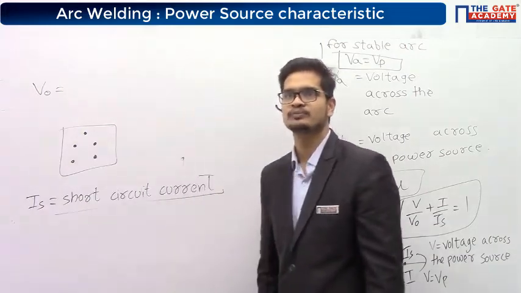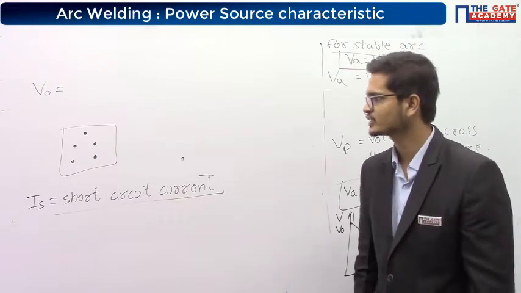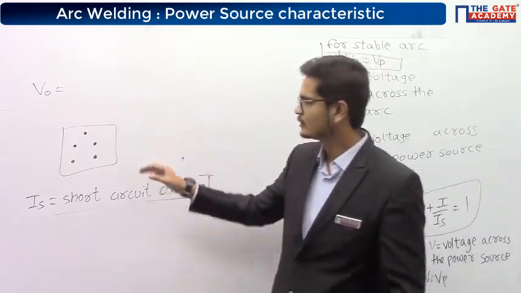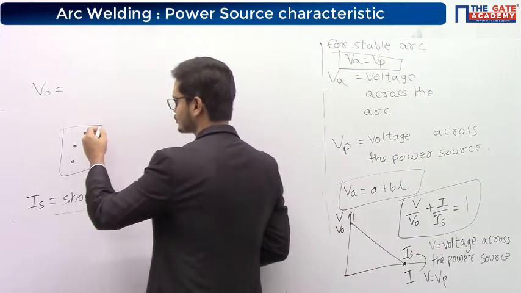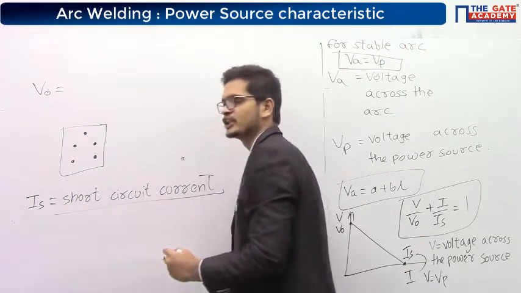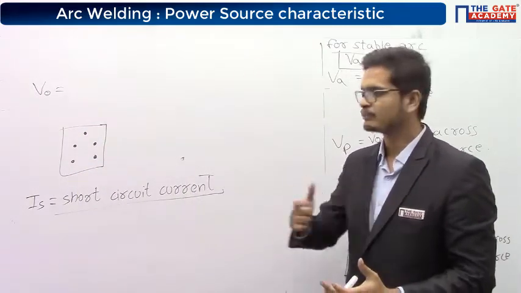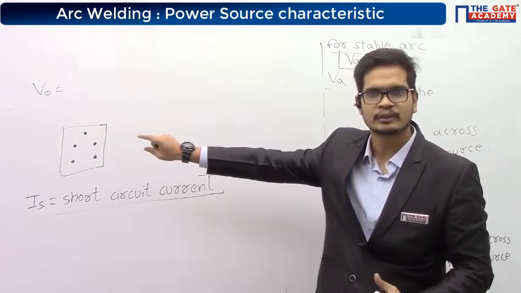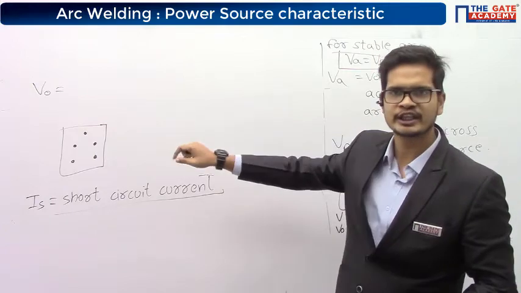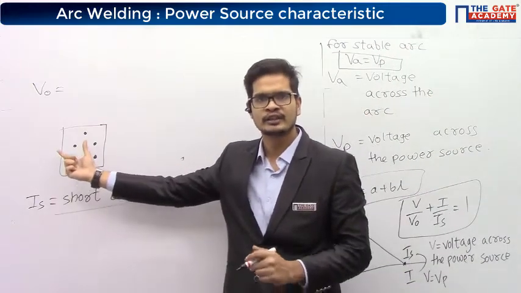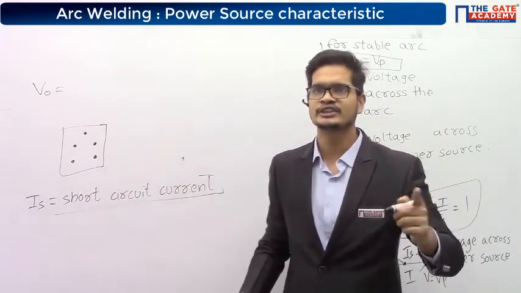Can you please explain what is open circuit voltage here exactly? I explained, for any power source if you take, just for example, the power source in our homes, if you are attaching anything to it, if you are attaching a mobile charger to it, what is a mobile charger? It is a resistance.